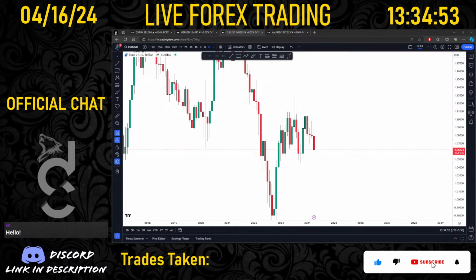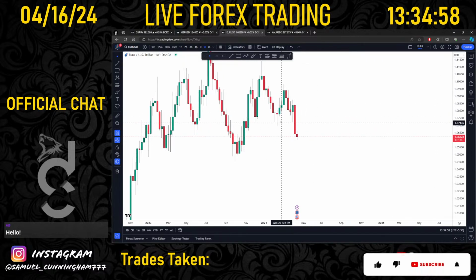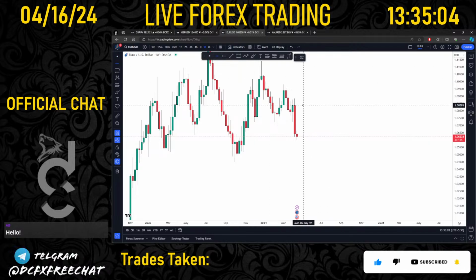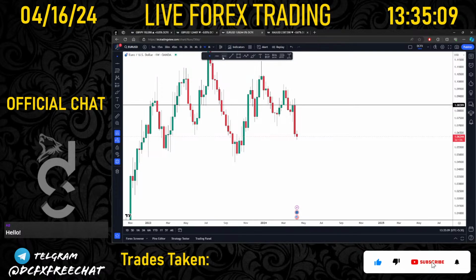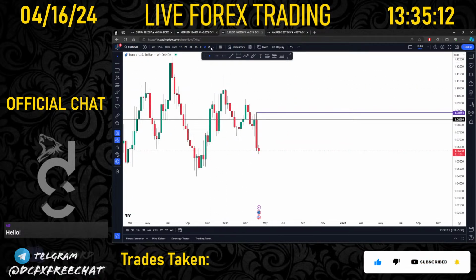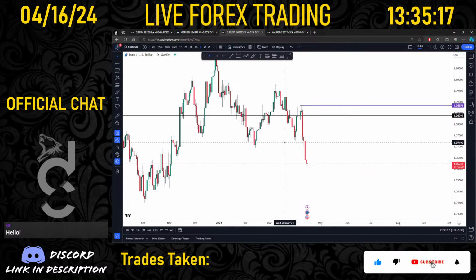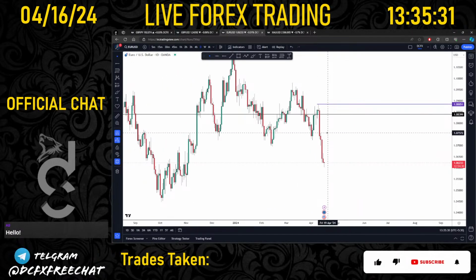Euro USD also coming down very strong. We took out the weekly support, right? We know that the previous weekly resistance is up here. As we come down the time frame, let's just mark the market structure. Four-hour resistance, one over here, one over here. So, gonna look at that.